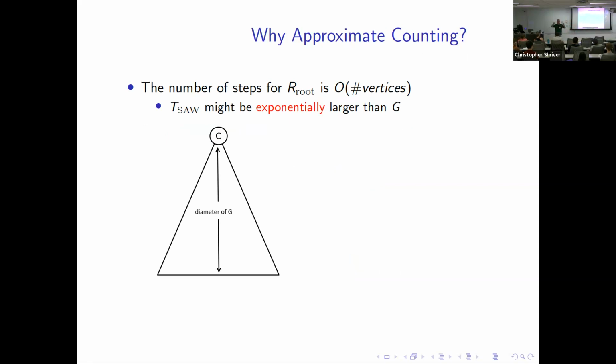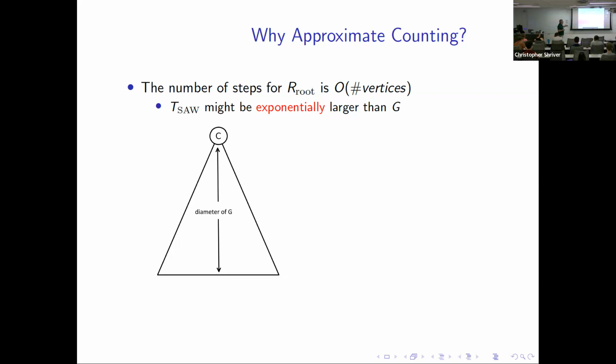And the tree can be huge, as large as exponentially larger than the graph G, right? Otherwise, we would solve some NP-complete problem in polynomial time. So this construction gives us a nice way of organizing computation, but does not give us any aid with regards to how fast we can actually compute marginals.